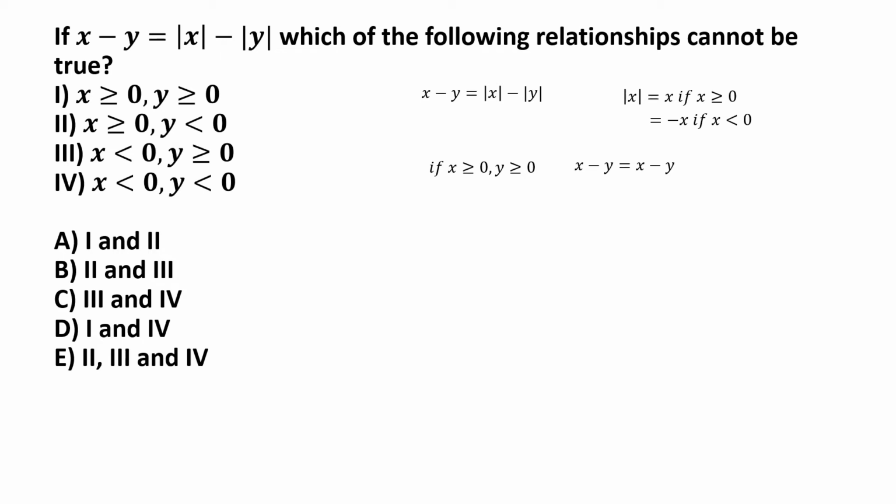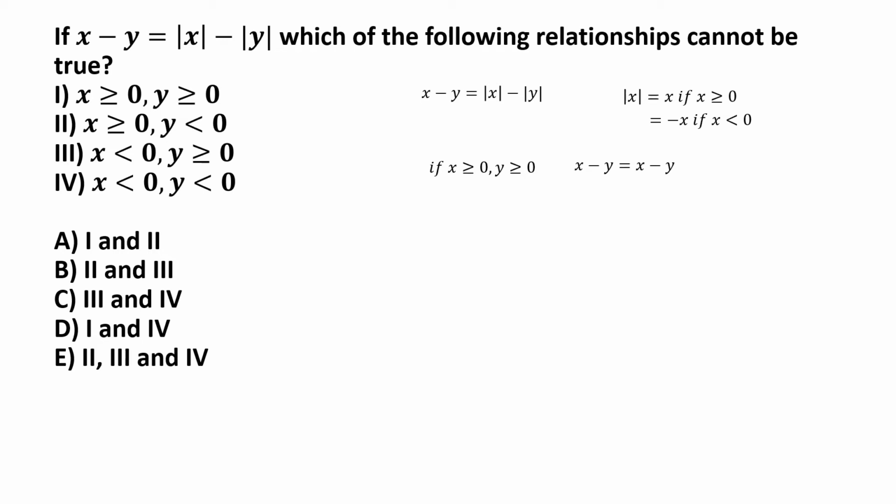And an identity is true no matter what values of x and y are, provided that they are in that domain. So this is a simple case. So option 1 seems to be a domain of x and y. That's very evident, and that will satisfy this relationship x minus y is equal to mod x minus mod y.